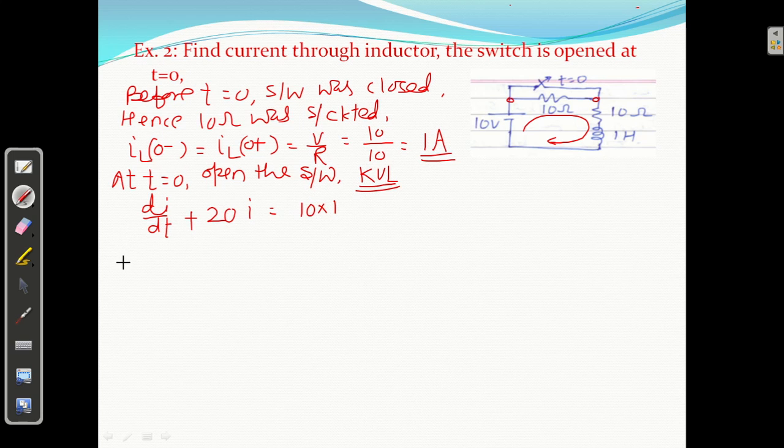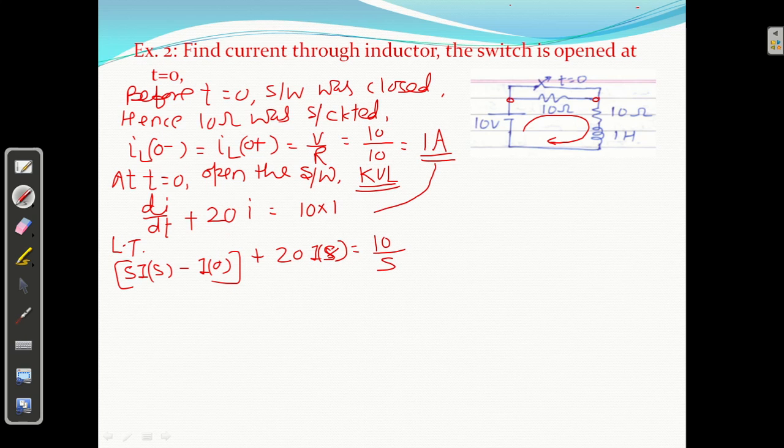Okay. So take the Laplace transform of it. So you will get S I of S minus I of 0 plus 20 I of S equal to 10, and what is the Laplace transform of 1? 1 by S. So you will get, here, what is the initial value?